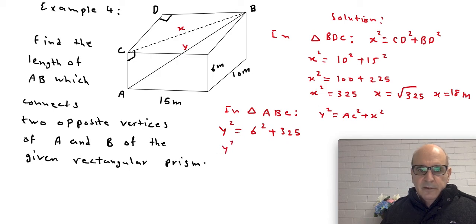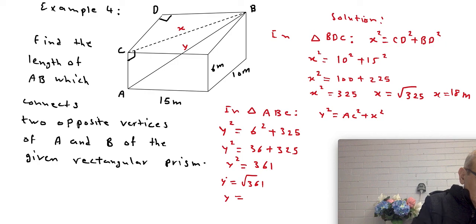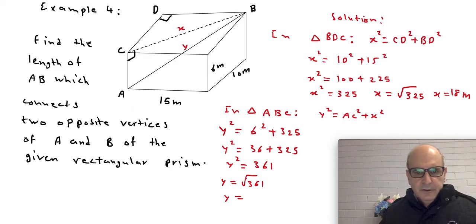So that gives me Y squared is equal to 36 plus 325. Y squared is equal to 361. Now I square root that to find Y. That gives me 19.